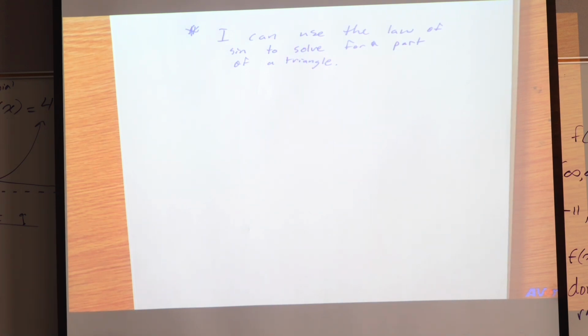As a student, I always felt a little bit limited with sine, cosine, and tangent because it only worked for right triangles, and there are so many other triangles out there. The law of sine doesn't matter what kind of triangle it is. It works. So it felt like the door was open.